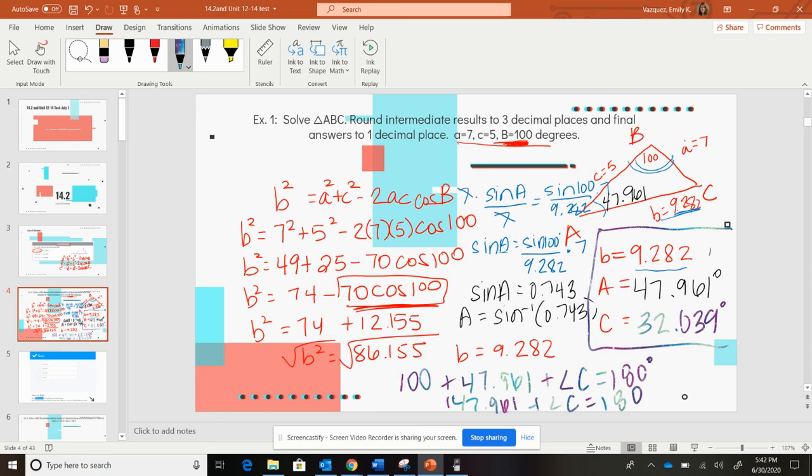By the time you find the second variable, like our capital A, most likely you'll be able to get the answer. You may not have to find all three sides.